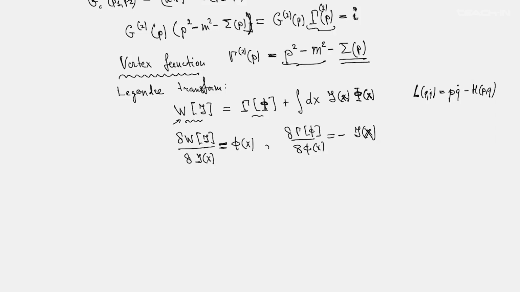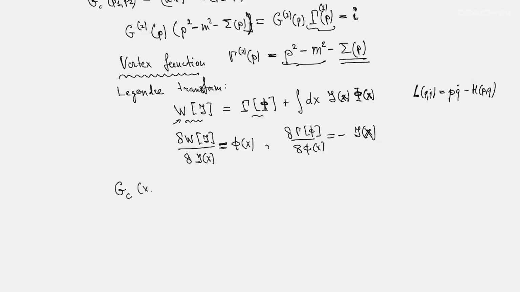Now, how is this connected to this quantity gamma 2, which we have introduced? Let's see. Let's consider the full 2-point Green's function, J dependent, of x1 and x2.